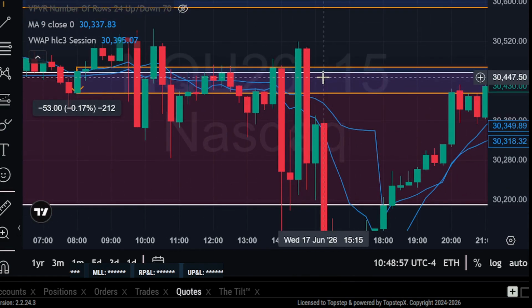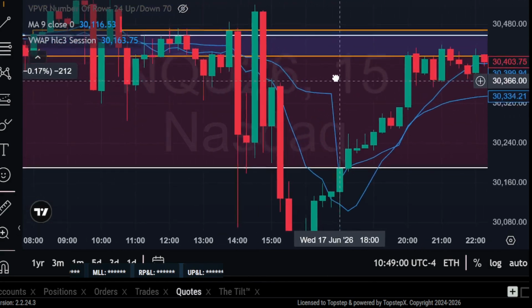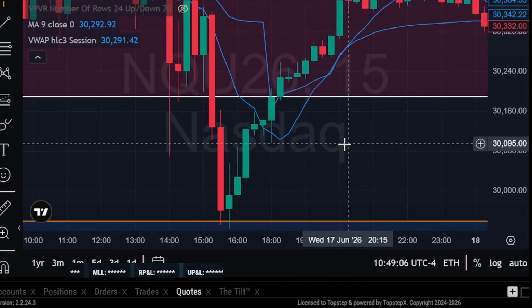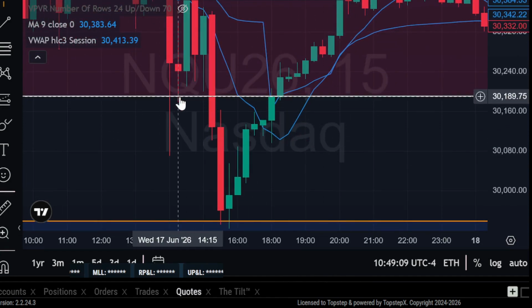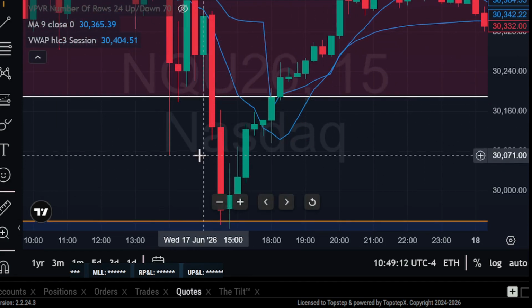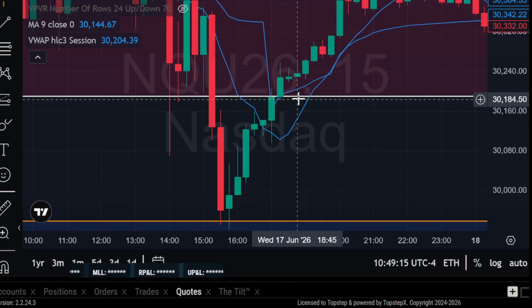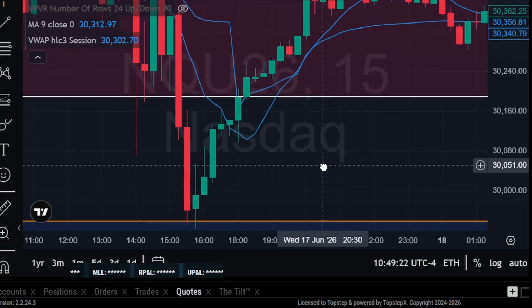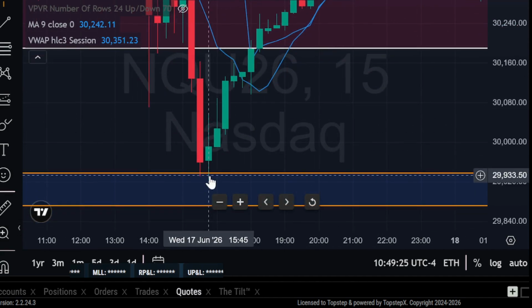Around here, 2 o'clock, when FOMC was announced, crashed. You see this weak bottom acted as a support. Broke it and came as a resistance here. Reversed on this uptrend. You can see this bounced on the 17th, yesterday.